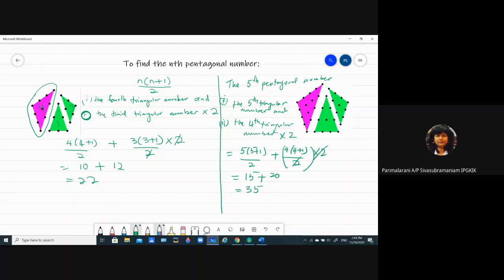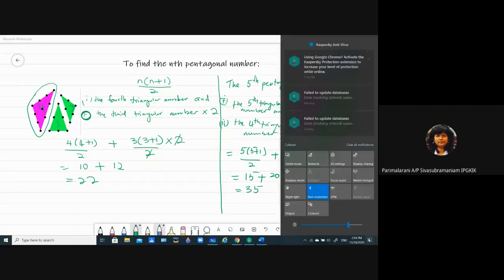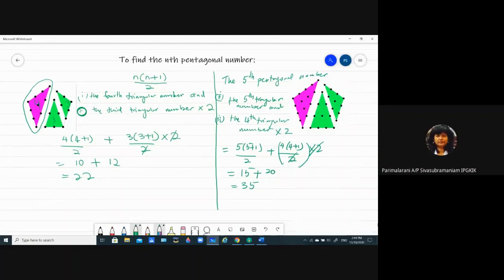Now can you see the pattern here? Yes. Okay, if you can see the pattern here, what is the nth pentagonal number equivalent to?